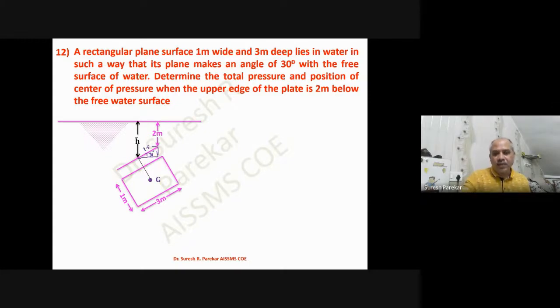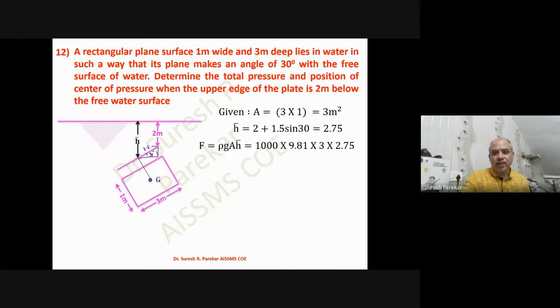So area we have 3 into 1. H bar we have seen, 2 plus 1.5 sine 30, is 2.75 meter, and then we can find F, which is equal to rho g A h bar, that is 1000 into 9.81 into 2.75 into area, and from this we will get the value of F. Now for h star, the formula is Ig sine square theta upon A h bar, which we already derived in the theory part.